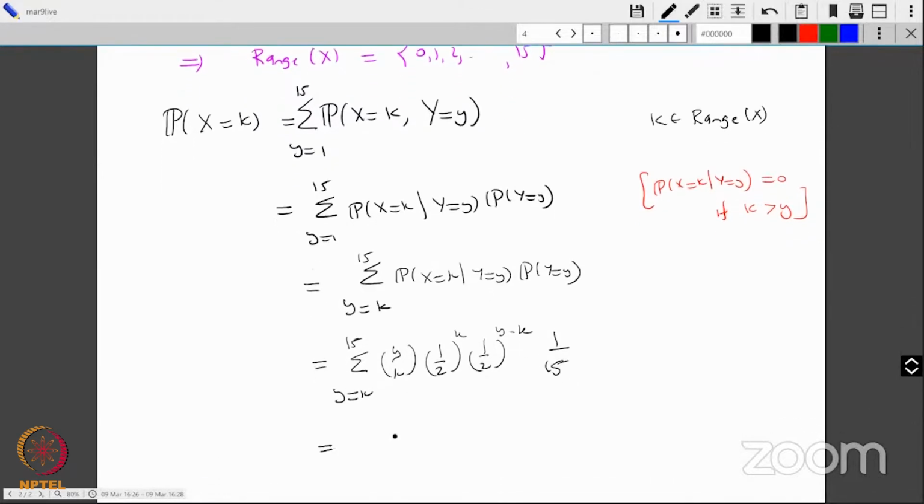This would again be the sum from y equal to k to 15 of y choose k times 1/2 to the power of y, and the 1 over 15 would just come out.